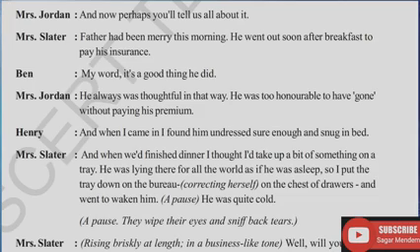He was always thoughtful in that way. He was too honorable to have gone without paying his premium. And when I came in, I found him undressed, sure enough, and snug in bed. And when we had finished dinner, I thought I had taken up a bit of something on a tray. He was lying there as if he was asleep. So I put the tray down on the bureau, on the chest of drawers, and went to waken him. A pause. He was quite cold.